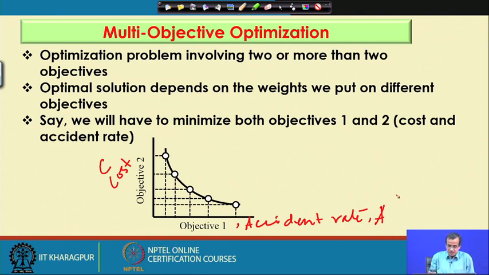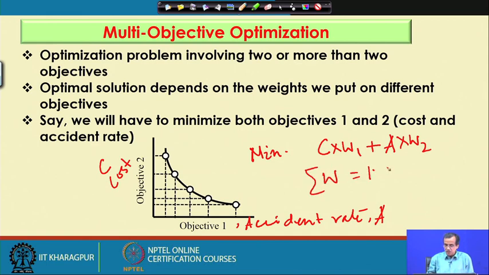So, what he will do is formulate a single objective optimization problem, and that is nothing but minimize the cost C multiplied by a particular factor W 1 plus the accident rate A multiplied by another factor W 2, where W 1 and W 2 lie in the range of 0 to 1 and the sum of the W values will be equal to 1.0.